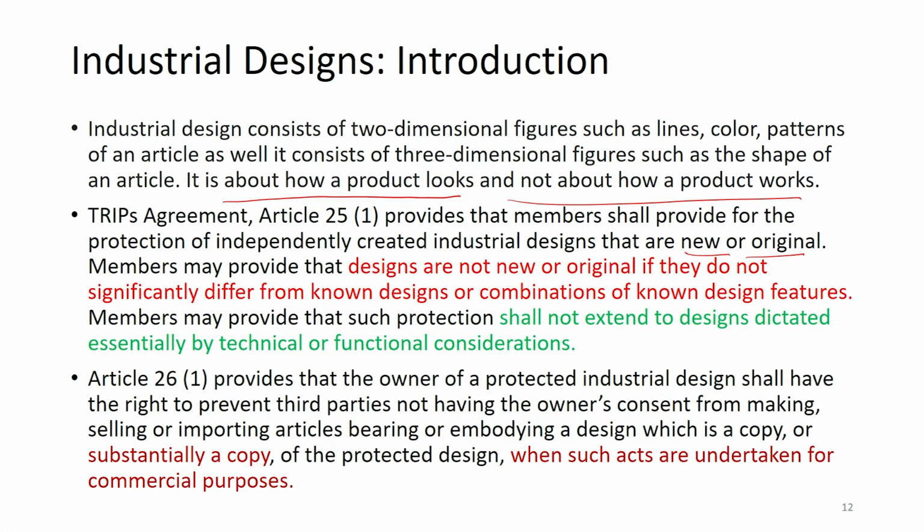Industrial designs will be protected if they are new or original. The provision says that members may provide that designs are not new or original if they do not significantly differ from known designs or combinations of known design features.